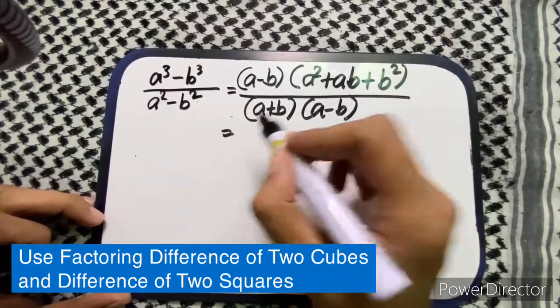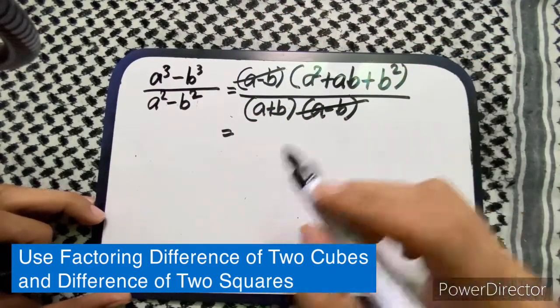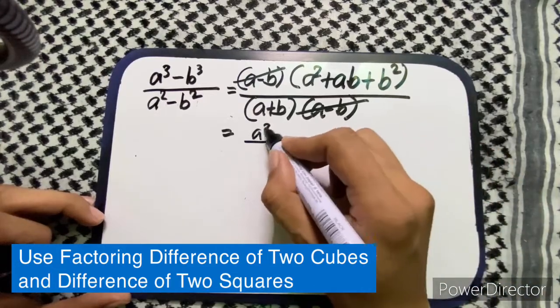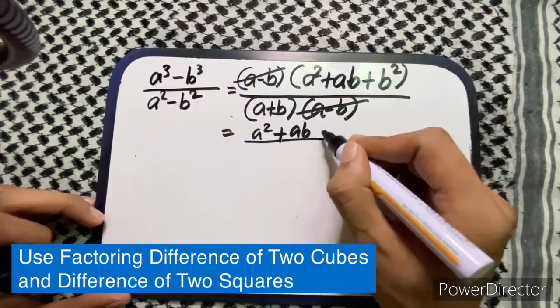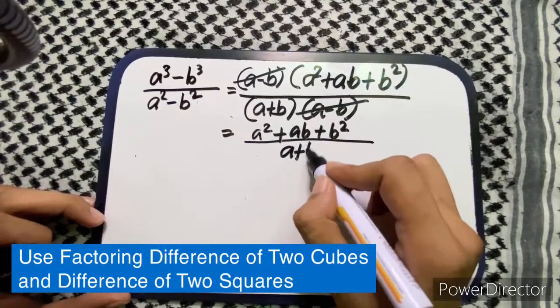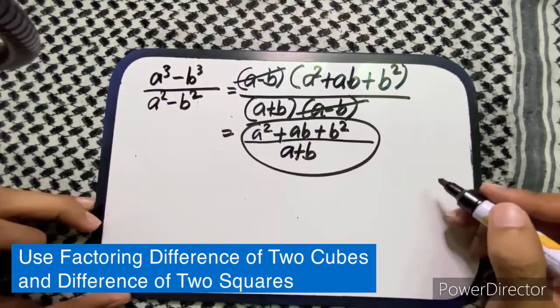So the common factor is a minus b and a minus b. We can rewrite the simplified form: a squared plus ab plus b squared all over a plus b. So this is our simplified form.